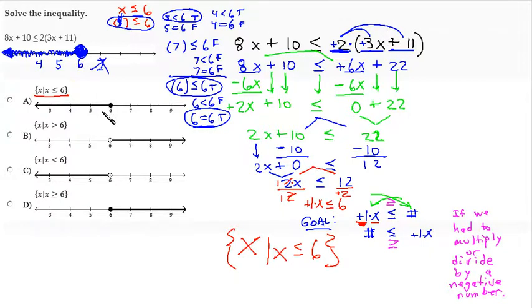And every single number to the left of that, less than 6, would also be a solution. So here's that graph: a closed circle at 6, shading that goes on forever in the direction of negative numbers, and the set of all real numbers x such that x is less than or equal to 6. So the correct response to this, if it was a multiple choice test or exam, would be A.